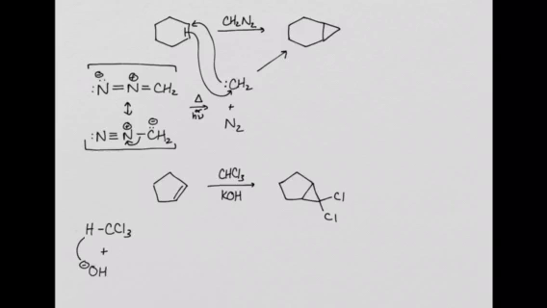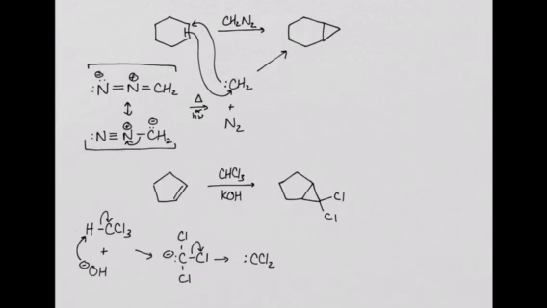Hydroxide deprotonates chloroform to form the CCl3 anion. Next, loss of a chloride ion forms the carbene. Then the carbene adds to the alkene, forming the product.